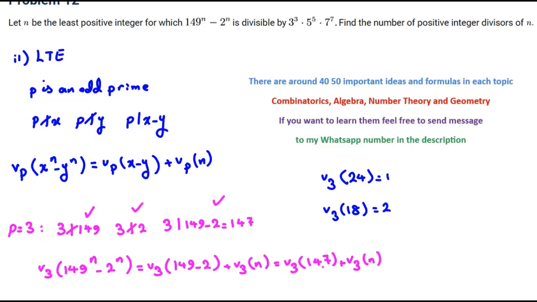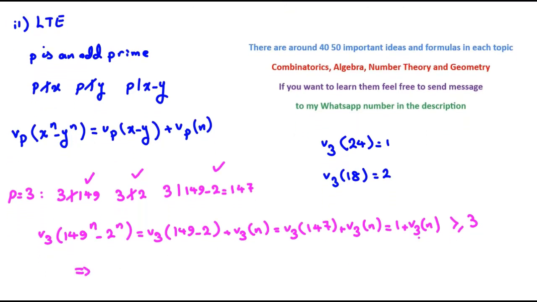The sum of the digits of 147 is 12, so it is a multiple of 3 but not of 9. So V3 of this is 1, giving 1 plus V3 of n. Now, from the assumption of the problem, this number should be a multiple of 3 cubed, so the power of 3 in this number should be at least 3.